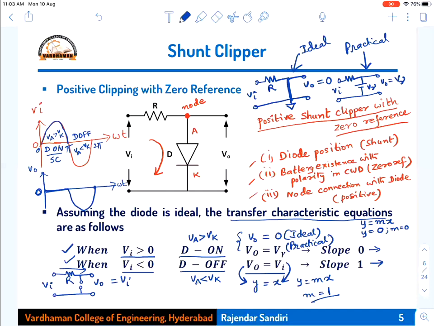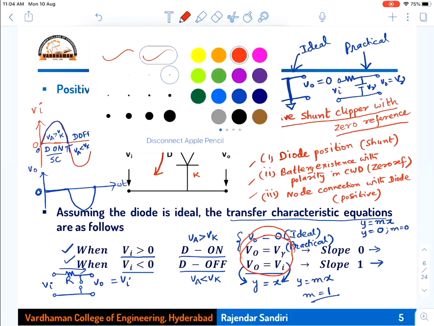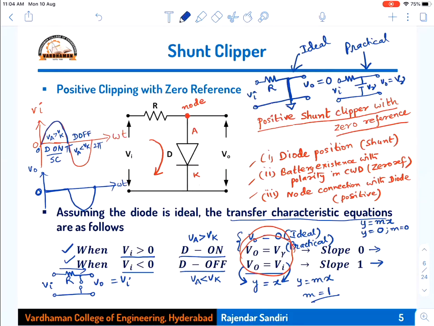Then we will get the equations for output voltages in terms of input voltages or in terms of reference voltages. Those equations we call transfer characteristic equations, for both the conditions. So here these two are the characteristic equations. Those two equations we will plot now in the graph.